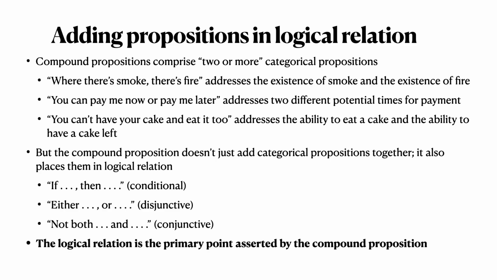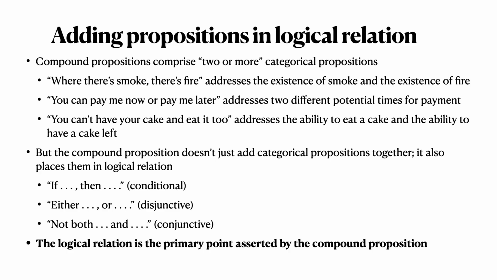I hope you can see from these examples that the logical relation is actually the primary point asserted by the compound proposition. So if I say, for example, that if there is smoke, there must be fire someplace, I'm not asserting that there is smoke. I'm not asserting that there is fire. I'm not asserting that there's not smoke or not fire.